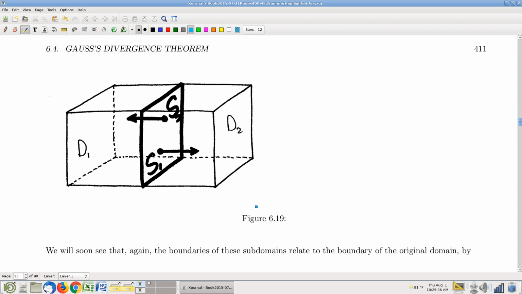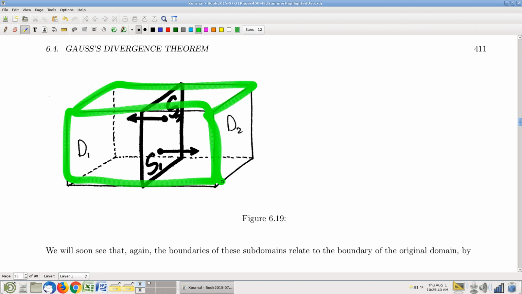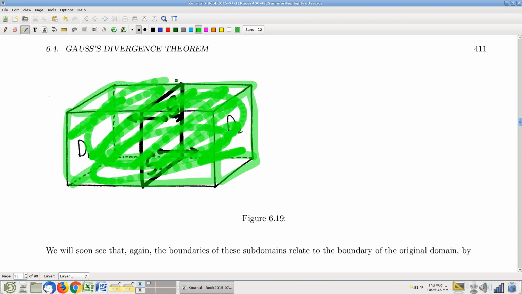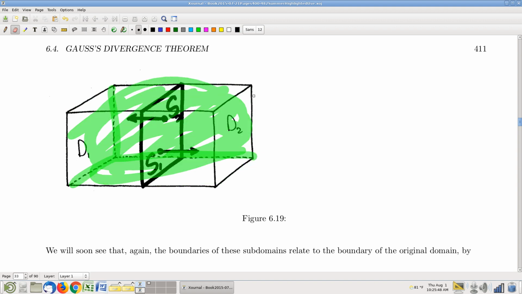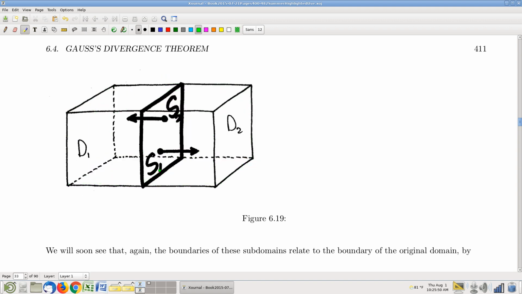I've got a great big solid thing here. And I'm going to chop that thing in half. Now I've got two pieces. I've got this piece over here, and I've got this piece over here.